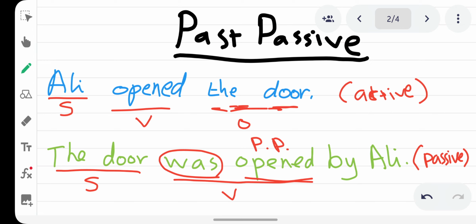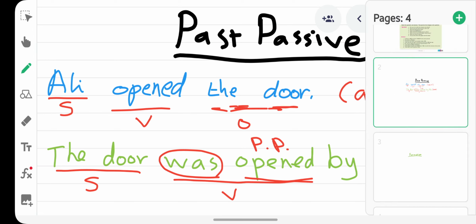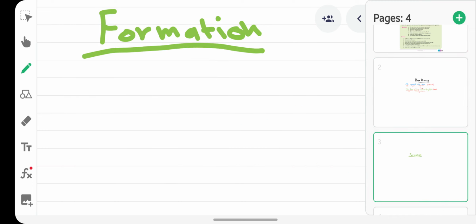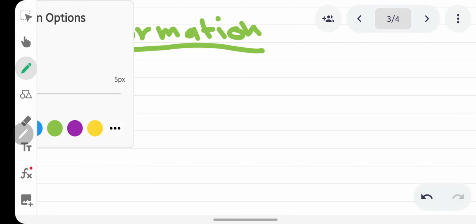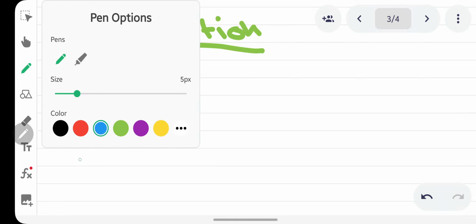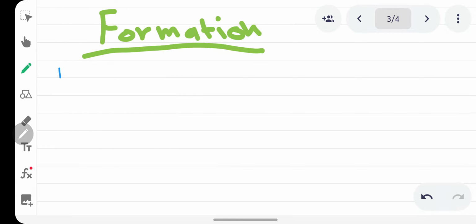Now we go on to the formation of the past passive. We know all of the pronouns in English. We have I, we have he.